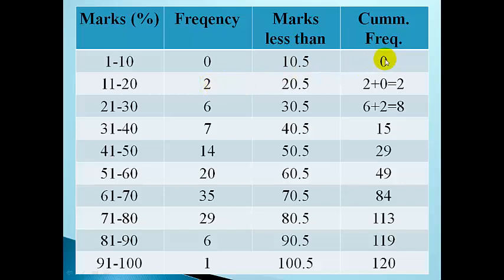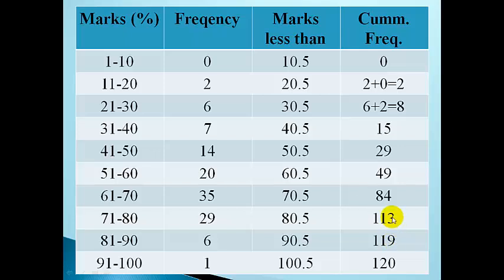So 2 plus 0 will give us 2. 6 plus 2 will give us 8. 7 plus 8 will give us 15. 14 plus 15 will give us 29. 20 plus 29 will give us 49. 35 plus 49 will give us 84. 29 plus 84 will give us 113. 6 plus 113 will give us 119. And 1 plus 119 will give us 120. So that is how we generate the cumulative frequency column.